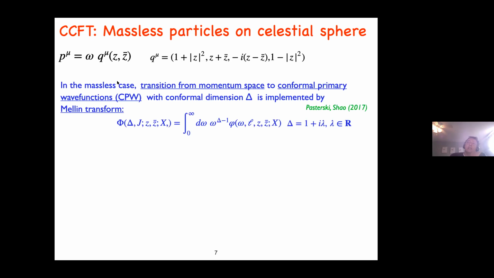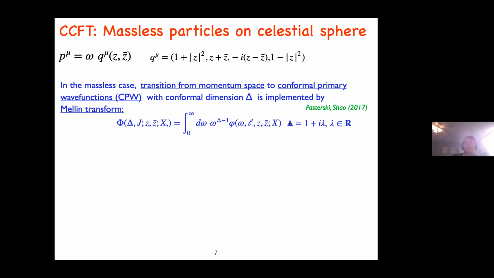So in the massless case that I'm primarily interested in, the transition from momentum space to the conformal primary wave functions is implemented by the Mellin transform. Here I show the Mellin transform very schematically, but basically what it does is take you from a momentum space wave function that depends generally on energy, the helicity, and this z and z bar, which parameterize the null momentum, to a new function that depends on a conformal dimension delta and the spin J, which is associated with the helicity.